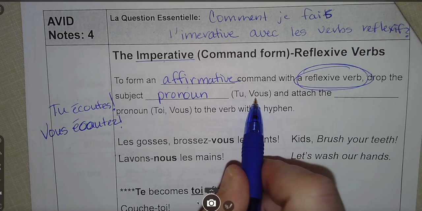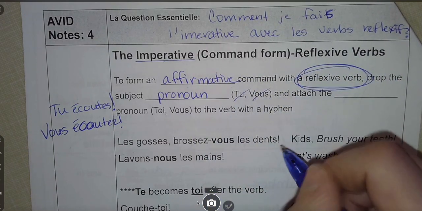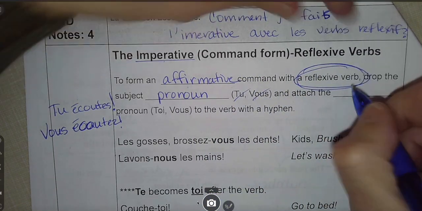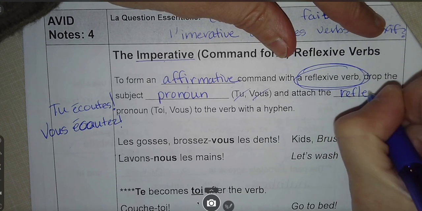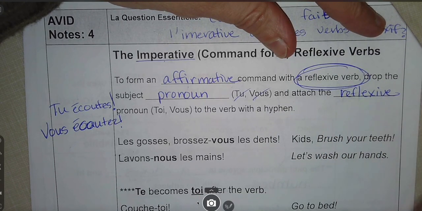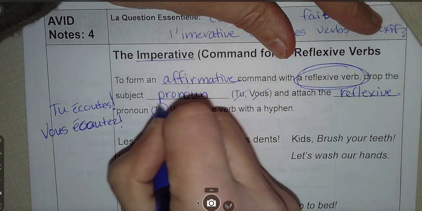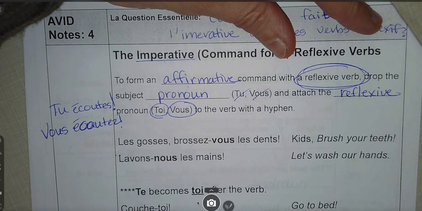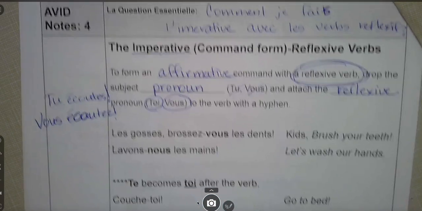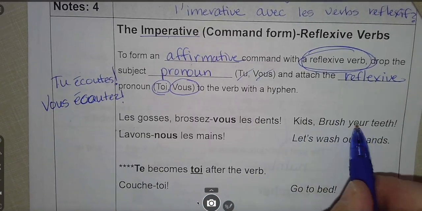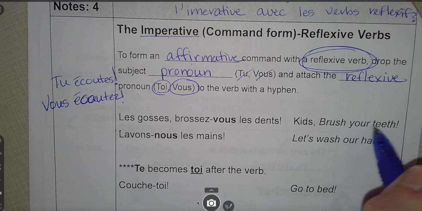So when we give commands, those go away, and we attach the reflexive pronoun, which becomes toi and vous, to the verb with a hyphen. So let's take a look at some of these. Kids, brush your teeth. Brushing your teeth is reflexive.